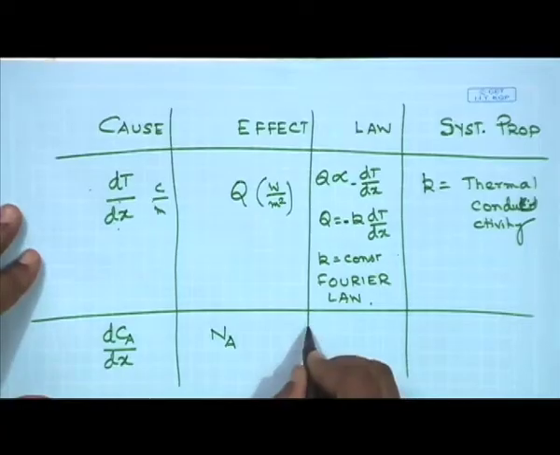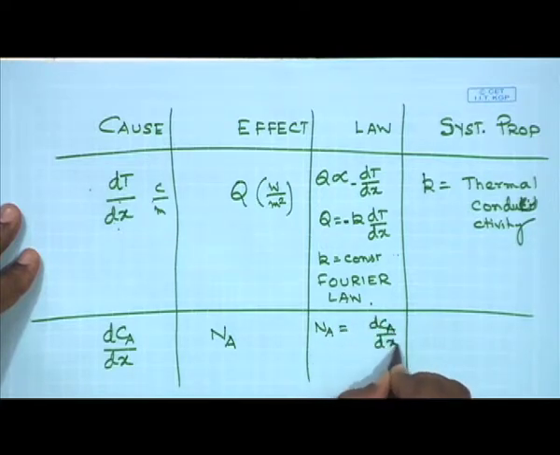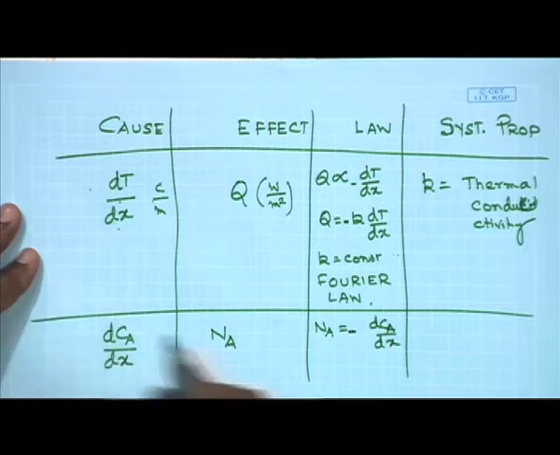The mass flux N_A is proportional to dC_A/dx, which is the concentration gradient, and the result of this is the law N_A equals minus D_AB dC_A/dx, again with a minus sign, since the mass transport always takes place from high concentration to low concentration.